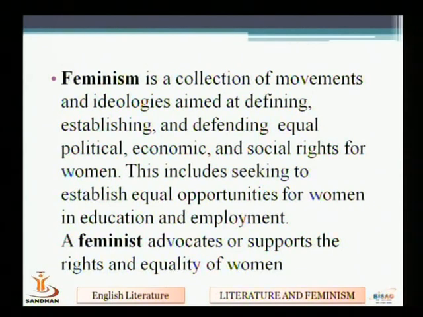Feminism is a collection of movements and ideologies aimed at defining, establishing, and defending equal political, economic, and social rights for women. This includes seeking to establish equal opportunities for women in education and employment. A feminist is one who advocates or supports the right and equality of women.